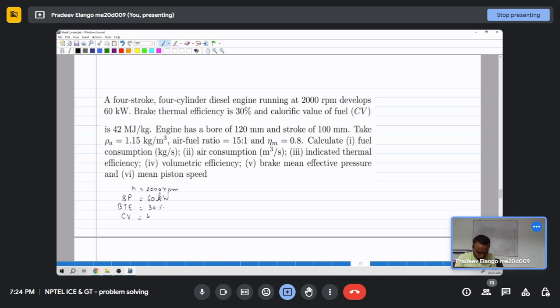Calorific value is 42 megajoule per kilogram. Then bore diameter D is 120 mm, stroke L is 100 mm, rho A is 1.15 kilogram per meter cube, air fuel ratio is 15:1, mechanical efficiency is 0.8.